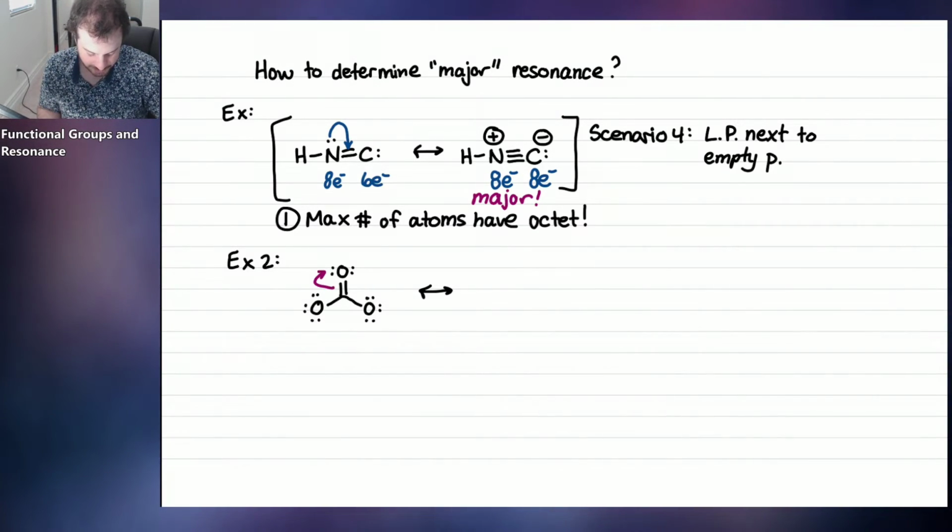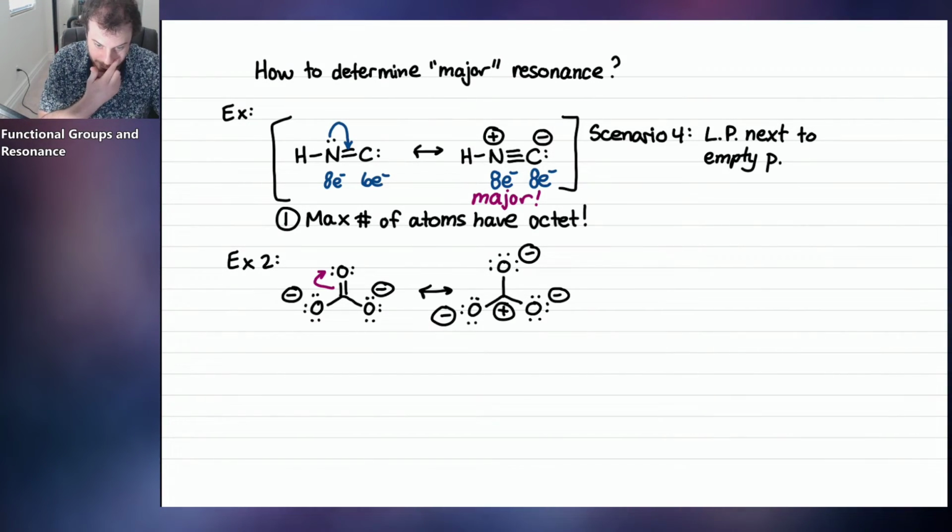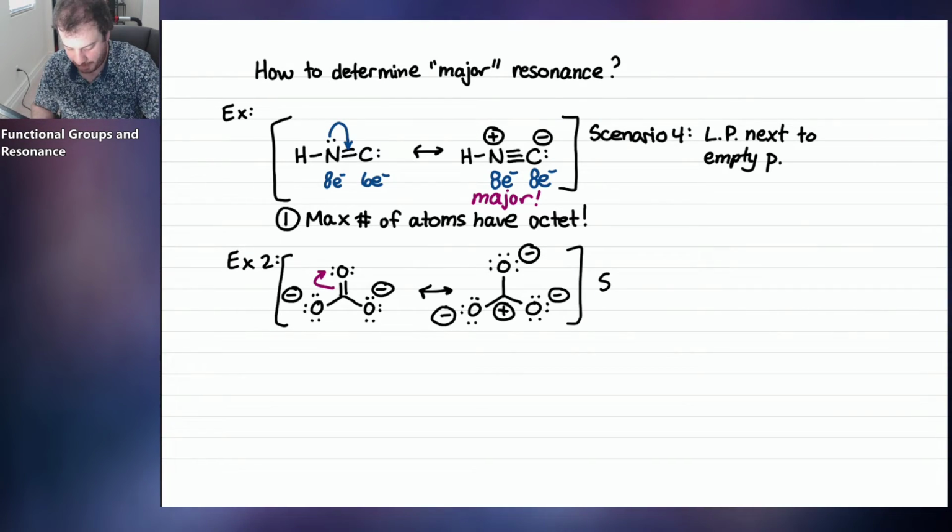We can move electrons up onto the oxygen. I should probably include the charges here. We've got 2 negative charges. And if we do that, we get this, and this is going to be scenario number 1, which is polar pi bond.